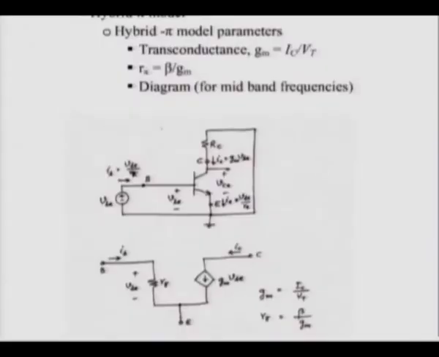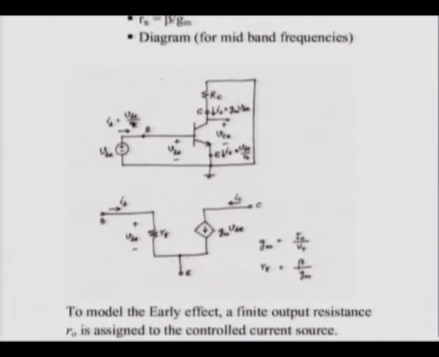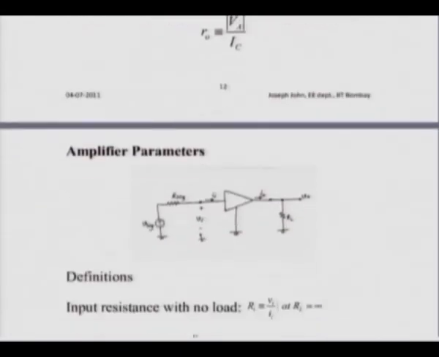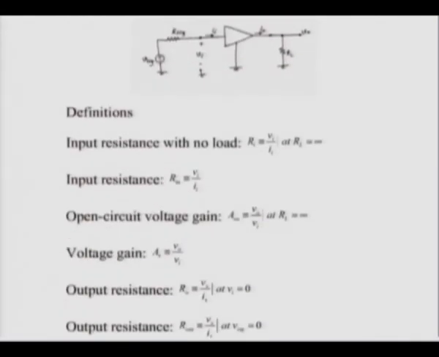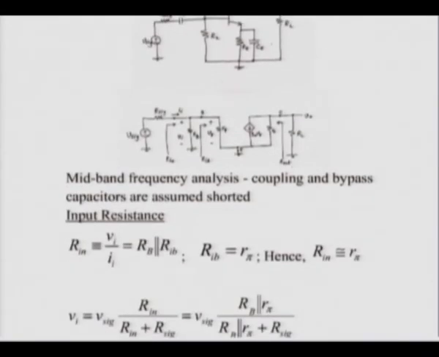Then we talked about the hybrid pi model. We said this is an extremely good model, where we have 2 small signal parameters, gm and r pi, and if you take the early effect into consideration, we have a small r naught. With this a common emitter amplifier can be analyzed easily, and we got its parameters.